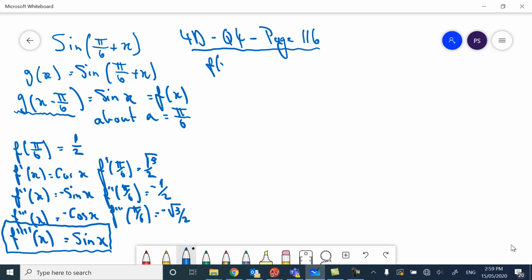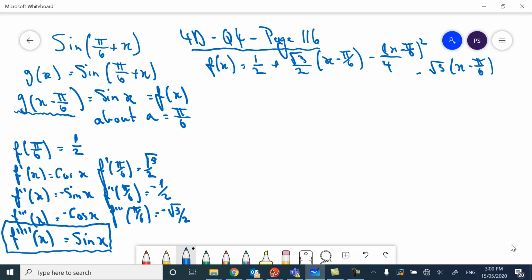We've got f of x is equal to a half, plus root 3 on 2 times x minus pi on 6, minus a half, but remember that's divided by 2 factorial, which is 2, so that's over 4, times x minus pi on 6 all squared, and then the last term will be minus root 3 times x minus pi on 6 cubed, and that will be 2 times 3 factorial, 6, that will be over 12.